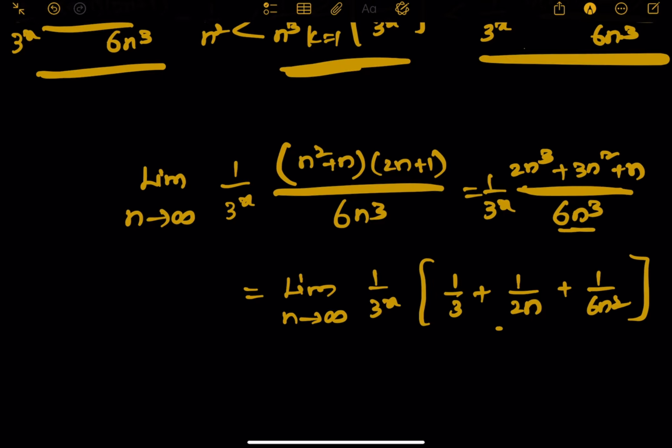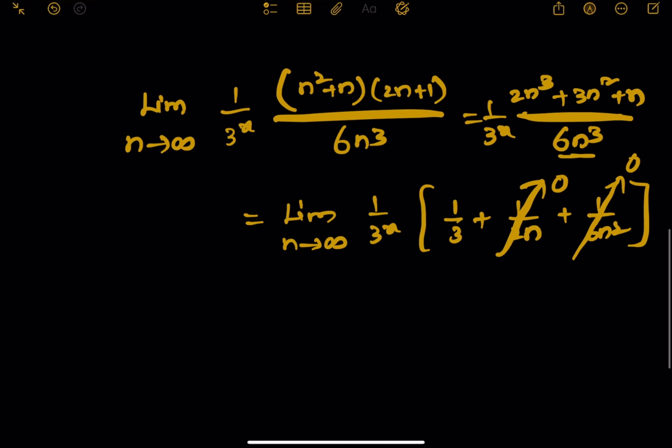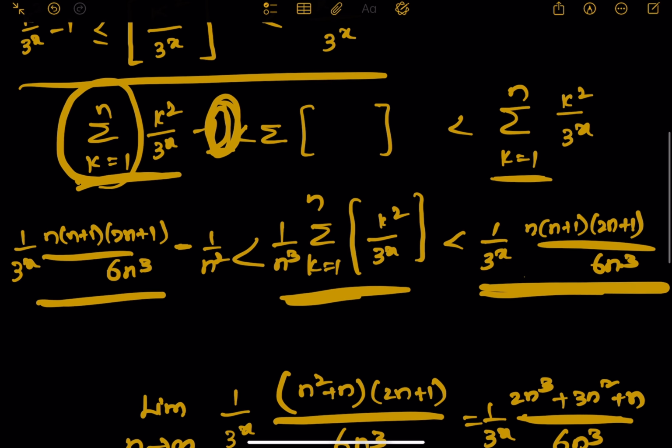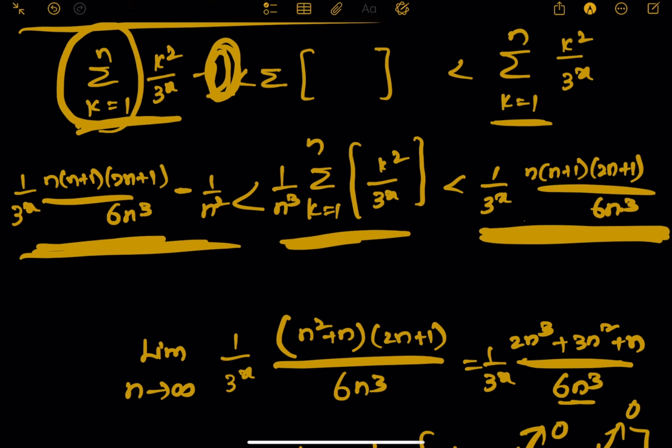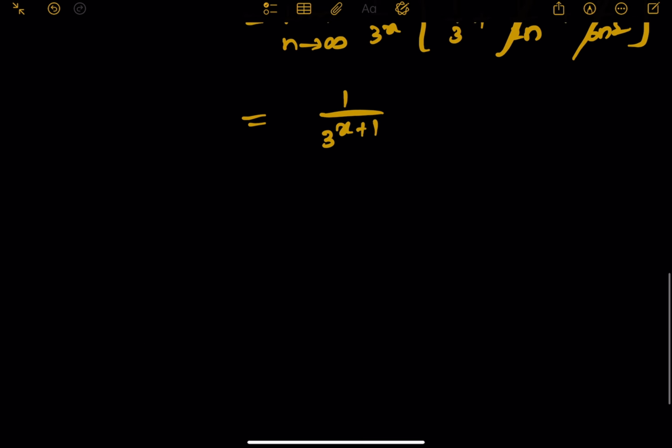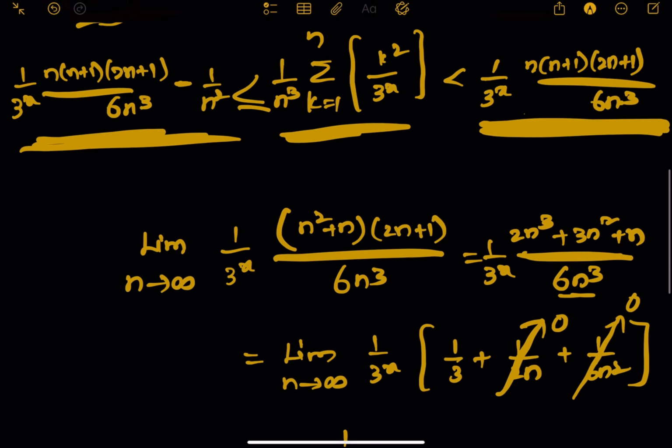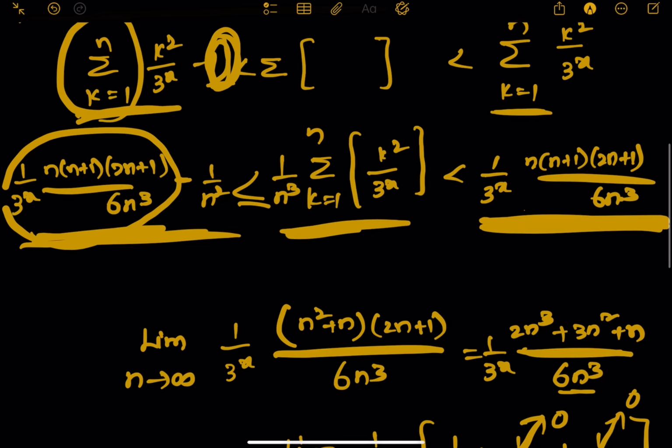When n tends to infinite, this term tends to 0. This term tends to 0. So what you have here is 1 by 3 to the power x plus 1. Alright. So here we have calculated the limit. Now let us calculate the limit here as well. This value will be same as this value.